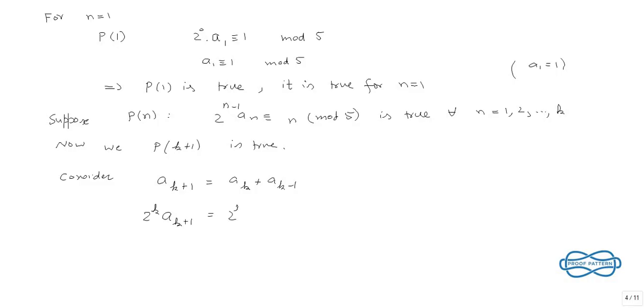We will get 2^k a_(k+1) equal to 2^k a_k plus 2^k a_(k-1). Okay, and we rearrange this as 2 into 2^(k-1) a_k plus 2 squared into 2^(k-2) a_(k-1).